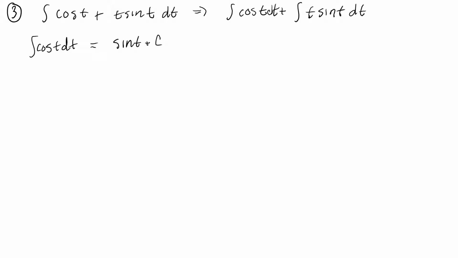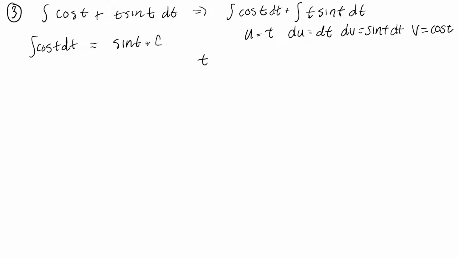So we are going to say that u again is going to be equal to t. du will be dt. Our dv will be equal to sine t dt, and our v will be equal to cosine t. I'm going to go ahead and plug it into our equation.